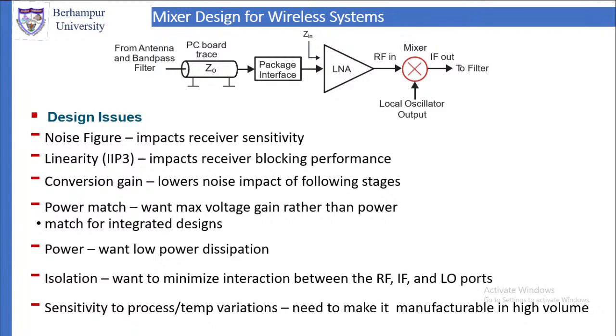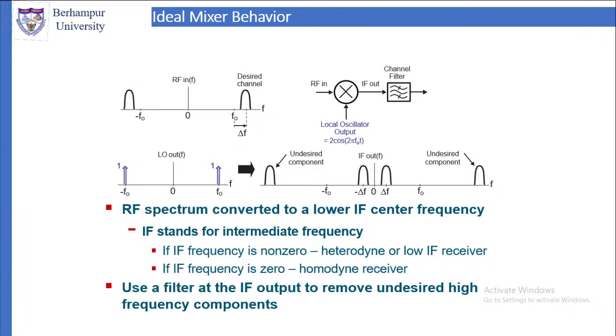RF and LO should come seamlessly to the mixer, giving rise to IF. Then sensitivity to process and temperature variation. This is always important in all designs, because it needs to be manufacturable in high volume.